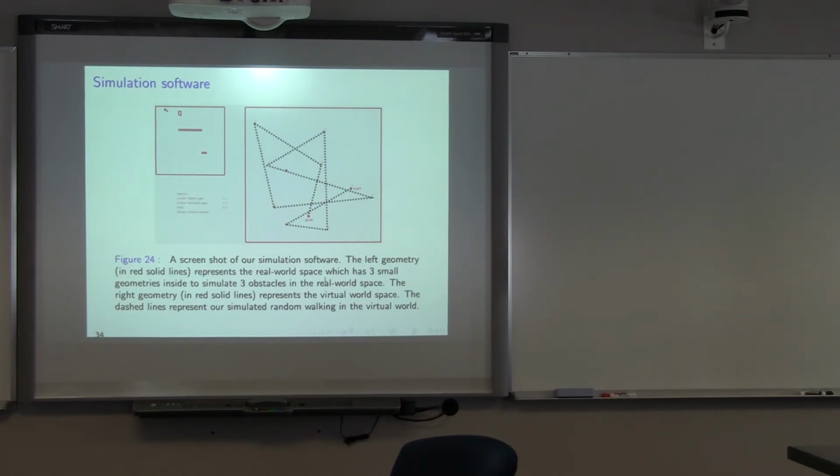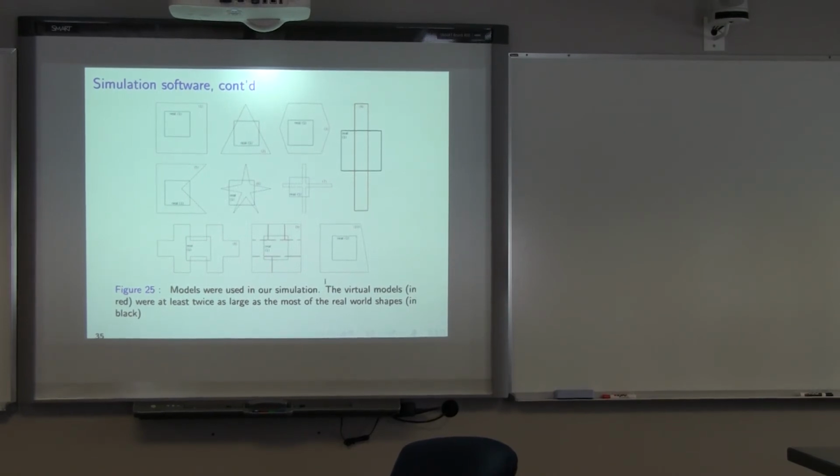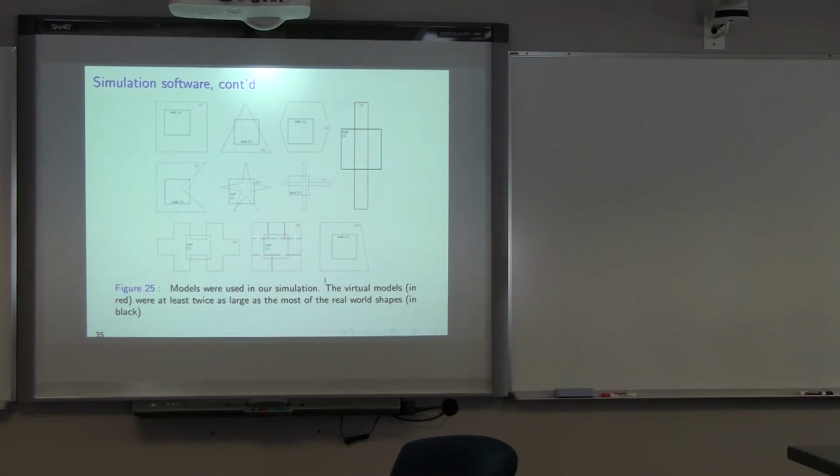The user's unconstrained navigation path is simulated by a random path that we generated in the virtual world space. The simulation software also supports all kinds of shapes and sizes of the virtual world space in the real world space. The red geometry represents the shape and relative size we use for our simulations for virtual world spaces.